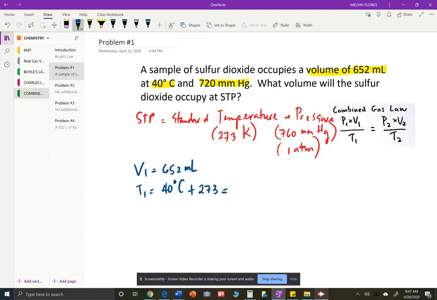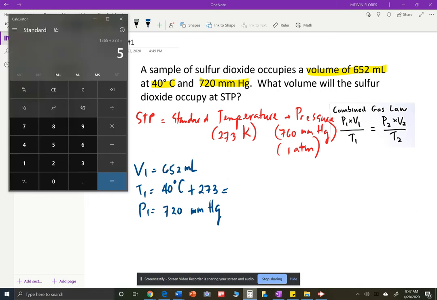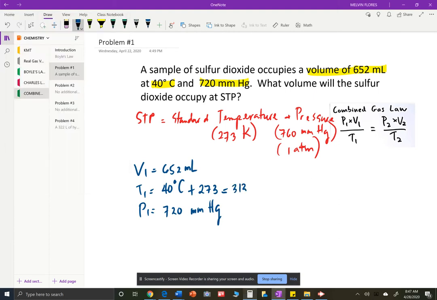And then we have also your initial pressure, which is 720 millimeters of mercury. Okay, let's try to use your calculator. That's 40 plus 273 equals 313 Kelvin.